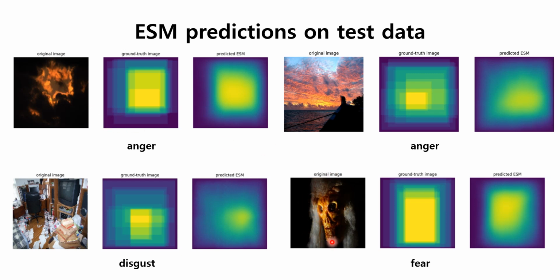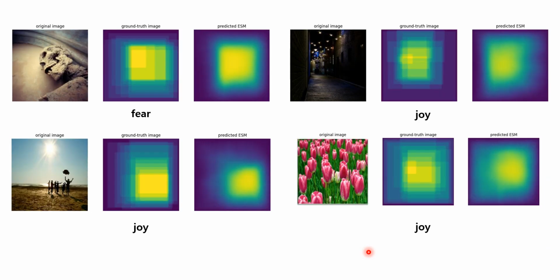For this fear image, the predicted ESM is showing more attention to where the scary face is shown. And here are some other images, images of joy, predicting where there are people.